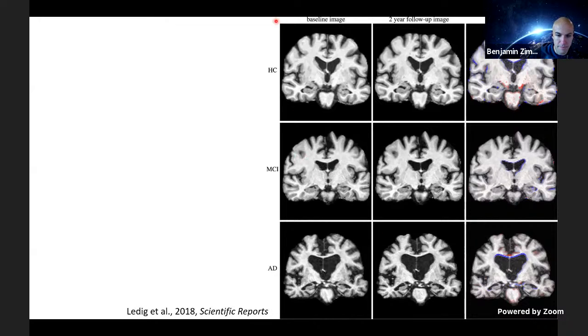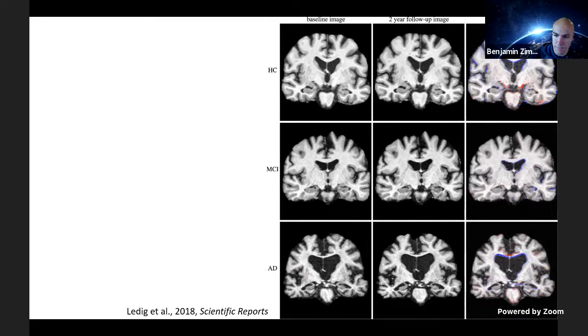So here they're showing a healthy control up here on this row, a patient with mild cognitive impairment who later transitions into Alzheimer's disease over the course of the study, and also a patient with Alzheimer's disease that started with Alzheimer's.